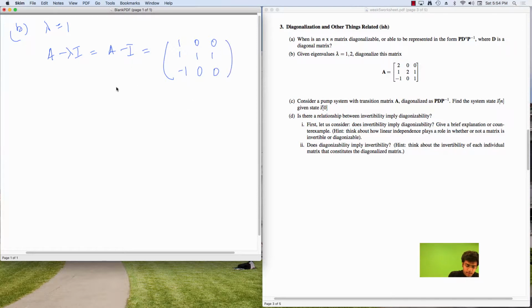Now, any eigenvector corresponding to lambda equals 1 belongs to the null space of A minus I. So we're trying to solve the equation that this matrix times v equals 0.